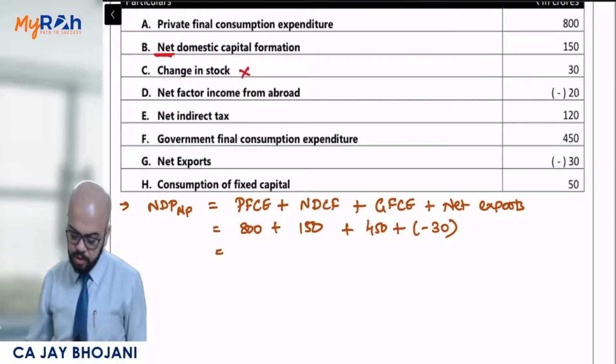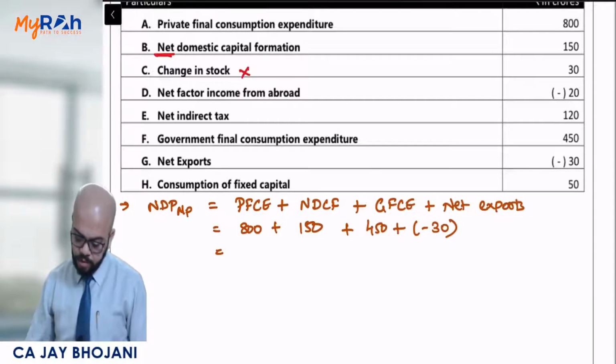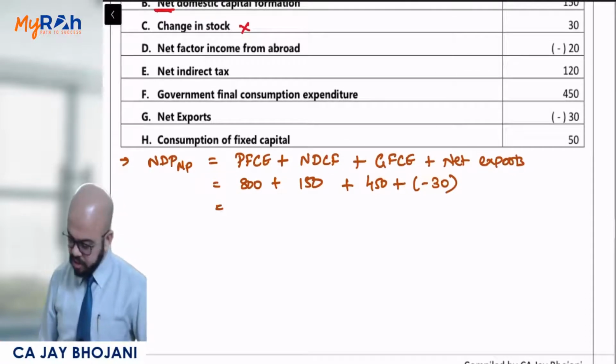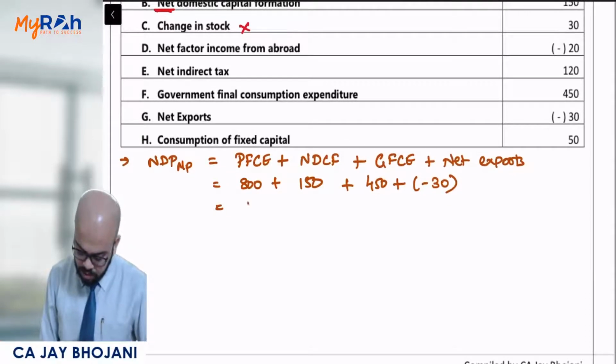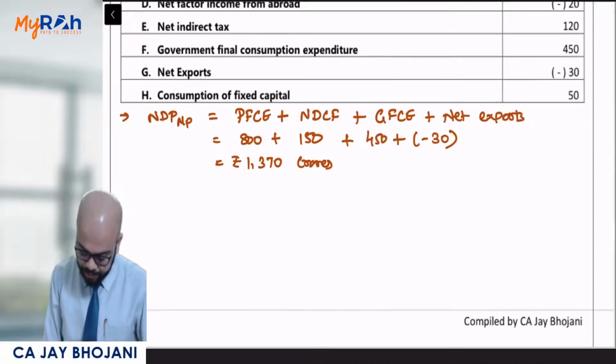Okay, this will be how much? 1400 and minus 30, so 1370 crores. This is NDPMP.